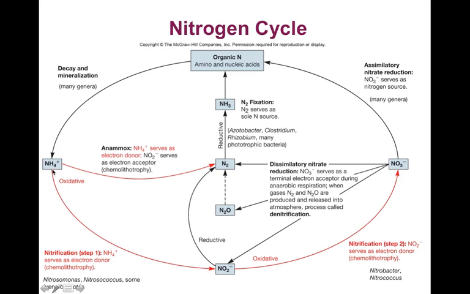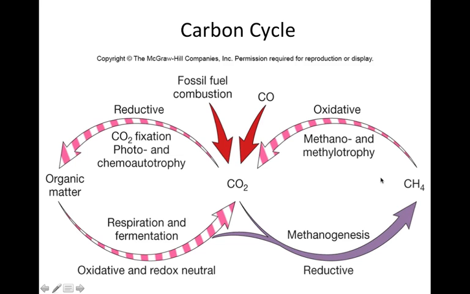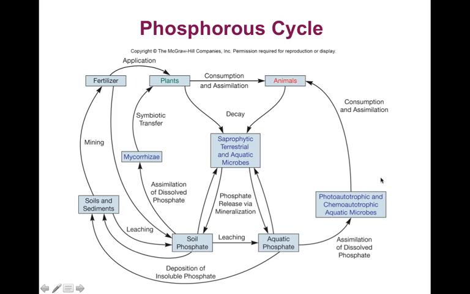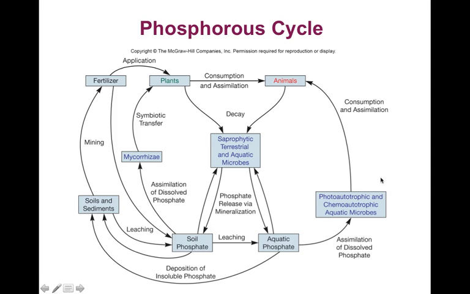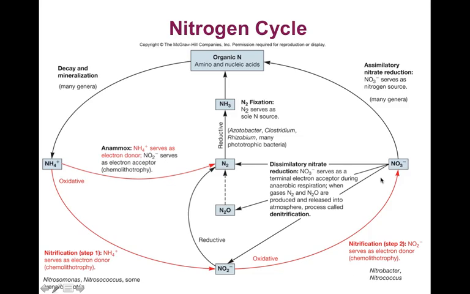For example here, ammonia is getting oxidized to nitrite and then to nitrate. So you'll need to know these cycles, particularly the nitrogen one, but you will be responsible for all of them. You may look at the other ones in the slides that were given in class.